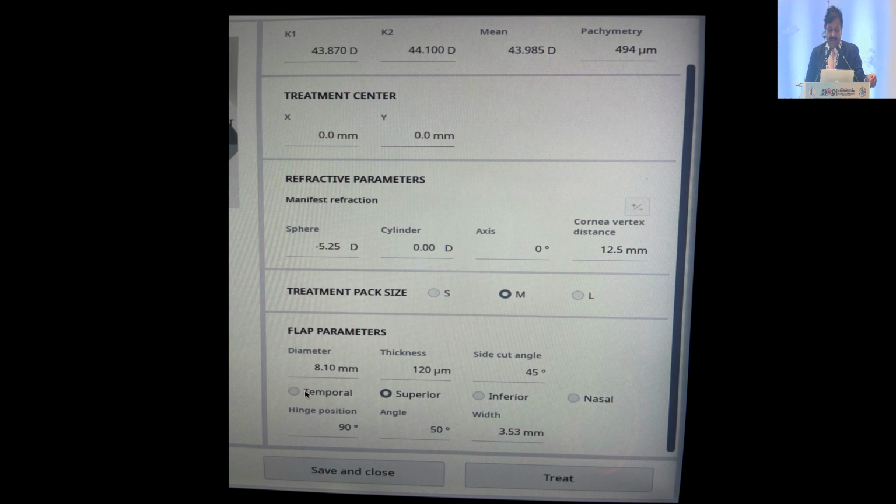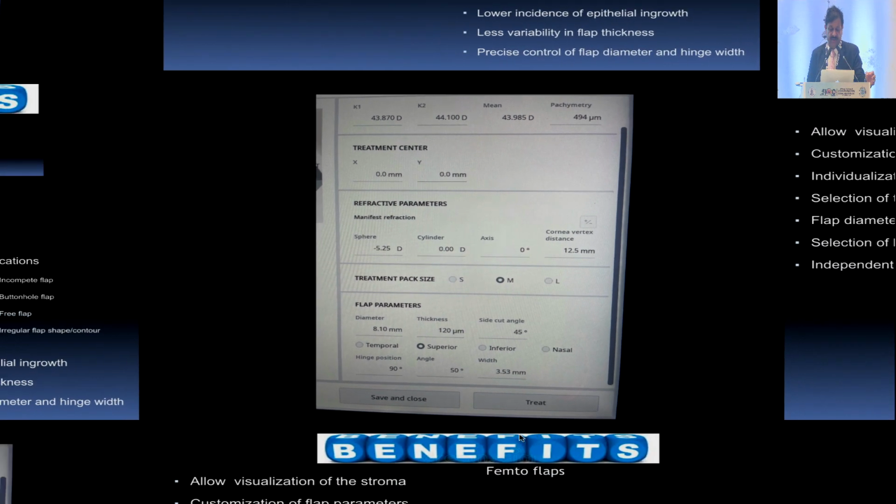You can also titrate the hinge position, which could be temporal, superior, inferior or nasal. We are talking here about the nasal and temporal hinges, the hinge angles, and the width of the hinge. These are the essential parameters which can be titrated with a femto-based platform vis-a-vis the microkeratome.